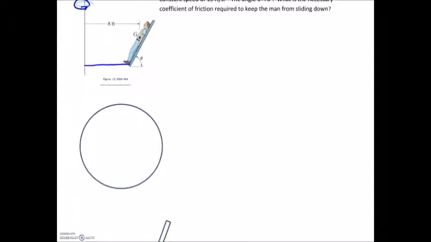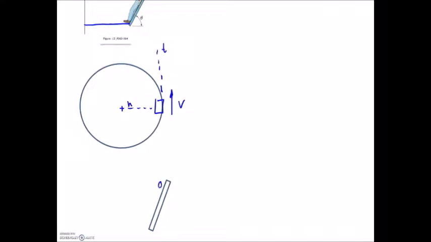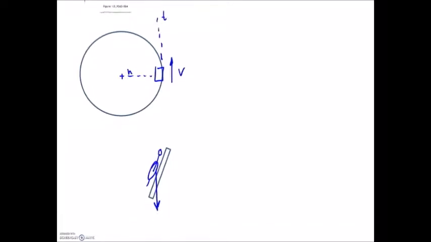All right. So let's look at the free body diagram. The top view says that he's going to be going in this direction, tangent to the path, and the normal direction is going to be in like this. If we look at the side view, we've got this guy, and he's got a weight going straight down, and the b-axis will be going up like that.